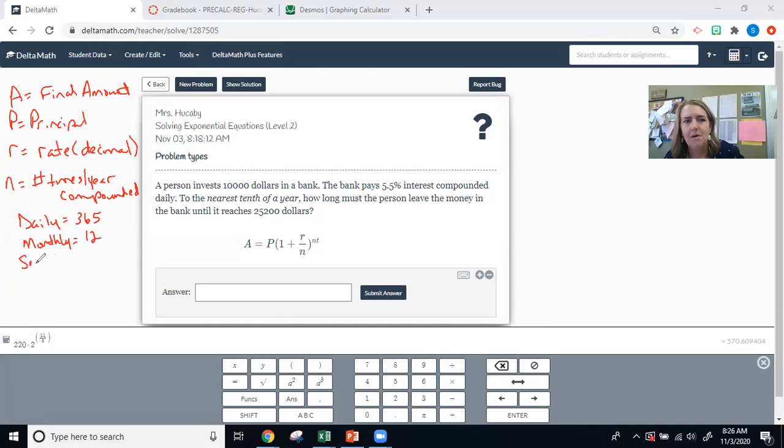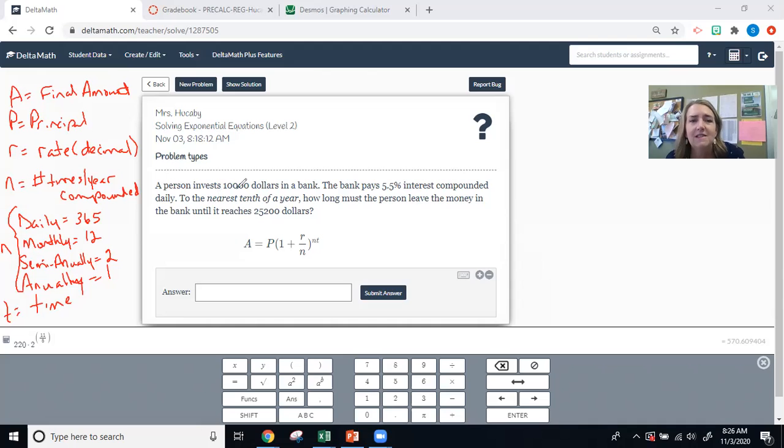If it says semi-annually, that's going to be twice a year. Semi would be twice a year, 2 times a year. And then annually, it would be 1 time a year. So this is all your N, different ways that you will see what your N is. And then T is time.